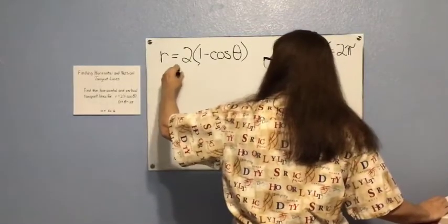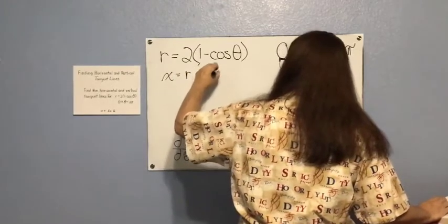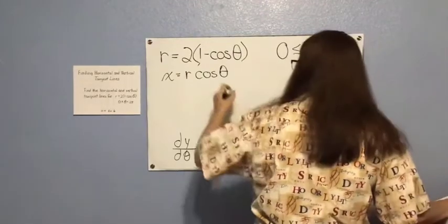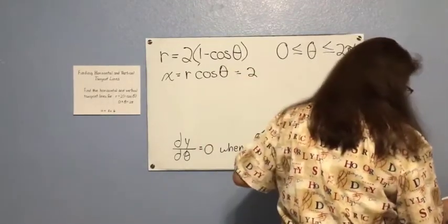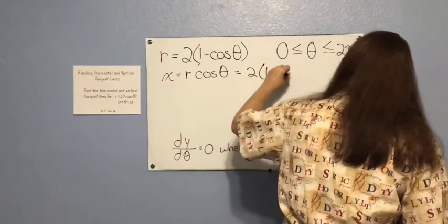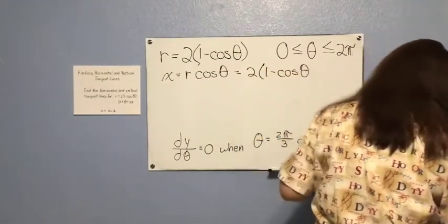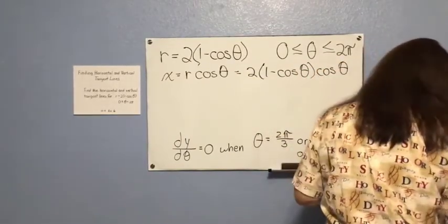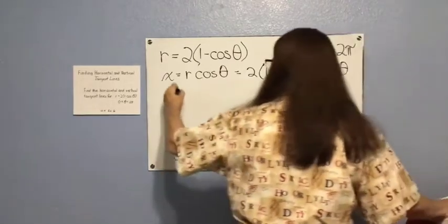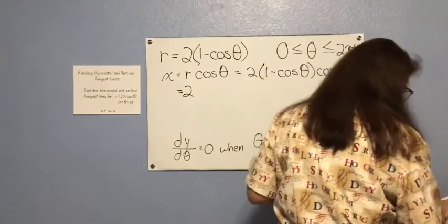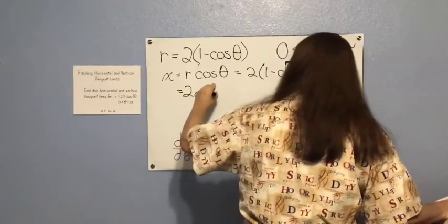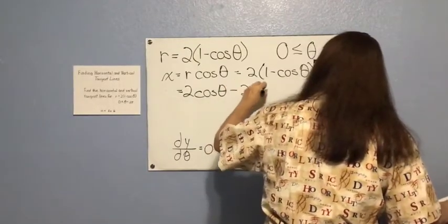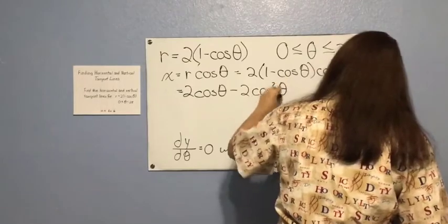I'm going to say x equals r cosine theta, which is equal to 2 times 1 minus cosine theta times cosine theta, which is equal to 2 cosine theta minus 2 cosine squared theta.